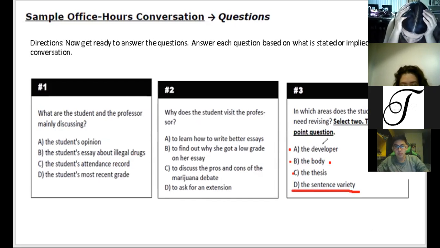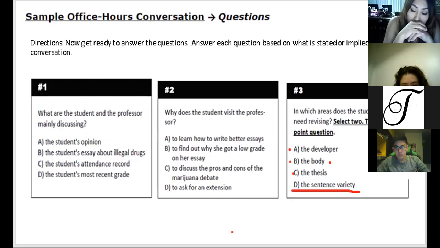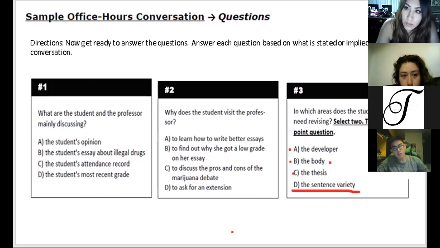Now, you have to be careful on understanding what is the development, and in that case, the professor mentioned that they have to develop their sentences or their examples. If you remember, the professor was mentioning, like, yes, you need to do in paragraph 1 to develop this idea. And she said, no, like I did in paragraph 3.